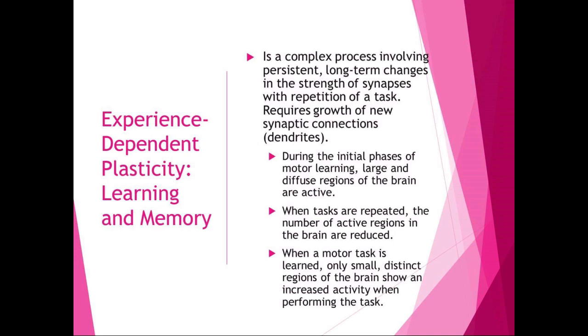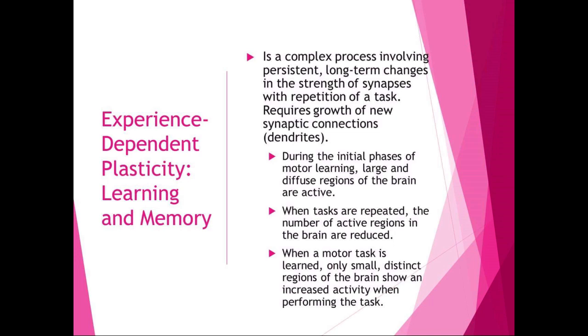Hopefully not to that extent, but we're not using as much of our brain after we have mastered the task. So initially, large and diffuse regions of the brain are active. The number of active regions slowly reduces as you repeat the task, and when you've got it mastered, it's only small distinct regions of the brain that show increased activity when performing the task. Pretty neat, right? So you can actually see changes in the brain.